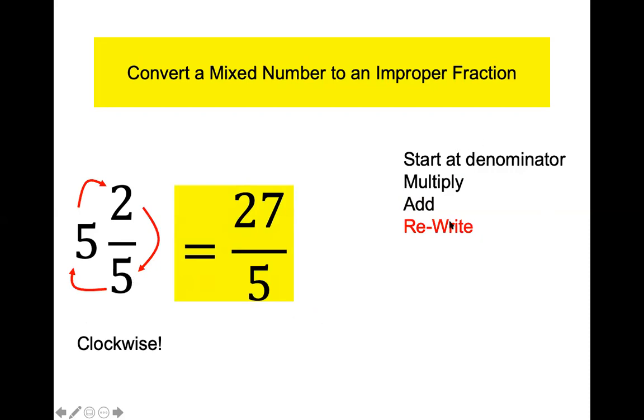For those of you who like steps: you start with the denominator, you multiply by the whole number, you add the numerator, and that becomes the new numerator. And then you rewrite the denominator. Hopefully this is not new to you. Hopefully this is just a review or a refreshment of material that you already learned before.